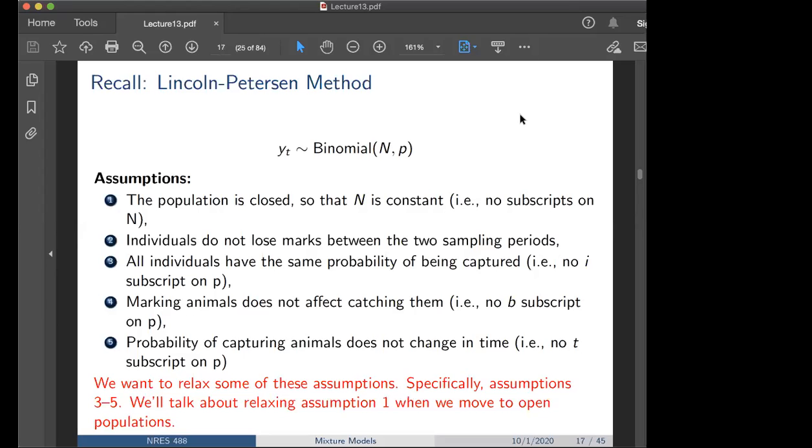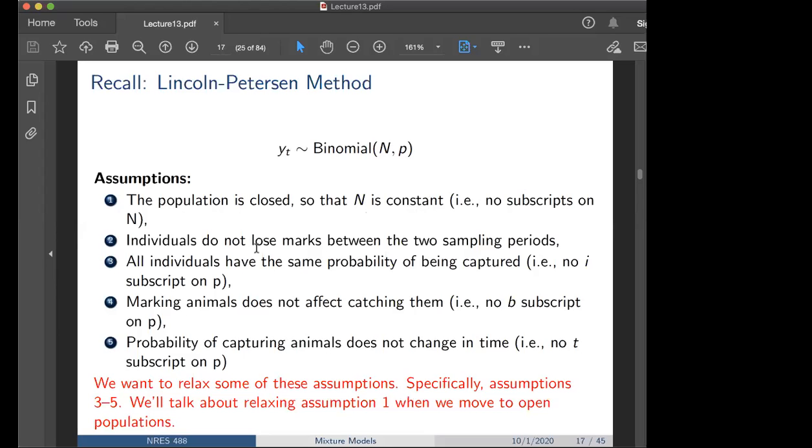All right, so Lincoln-Petersen method, the assumptions were the population is closed so that N is constant. We don't have any subscripts for t on N, meaning it doesn't change through time. There's just one fixed value of N. There's no immigration, emigration, births, or deaths. This is an assumption of the Lincoln-Petersen method. It's also an assumption of closed population capture-recapture models, which we're talking about now.